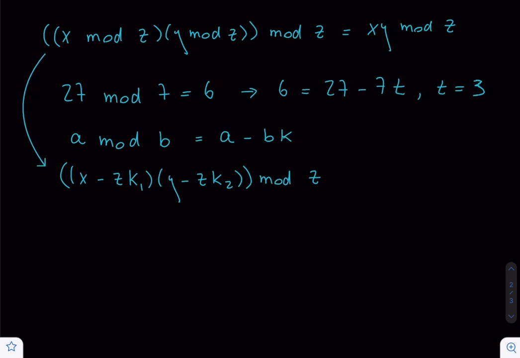Multiplying this out, we get xy minus xz k2 minus yz k1 plus z squared k1 k2, and all of this mod z.